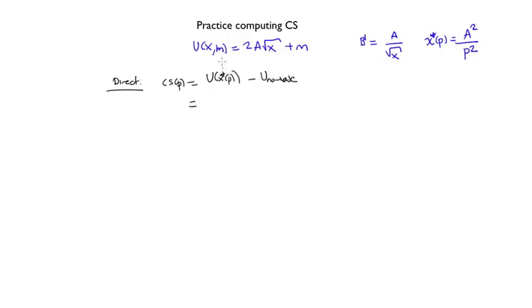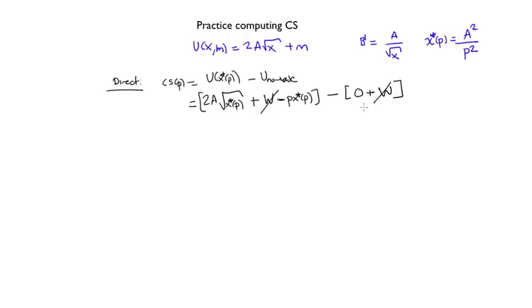That is going to be equal, just substituting, to 2a square root of the amount that is demanded plus the wealth of the consumer minus the amount that gets spent to buy the optimal quantity. So that is the utility at the trade minus the utility at the no trade, which is just basically 0 because no x gets consumed, plus w because everything gets consumed in the good m.